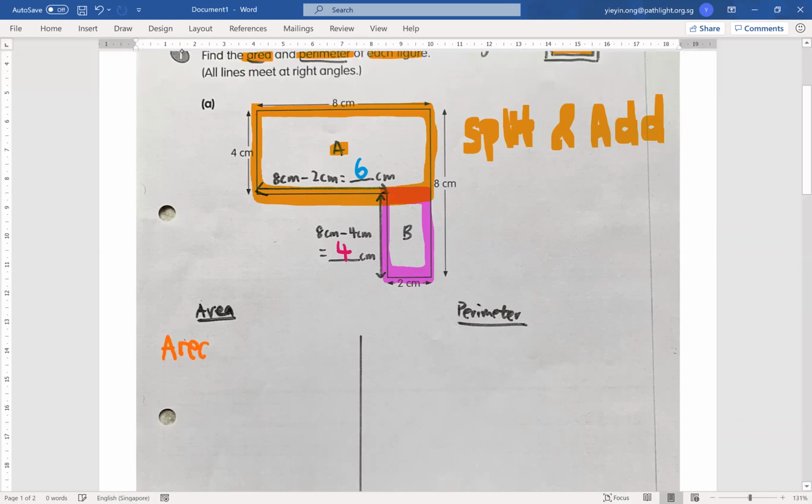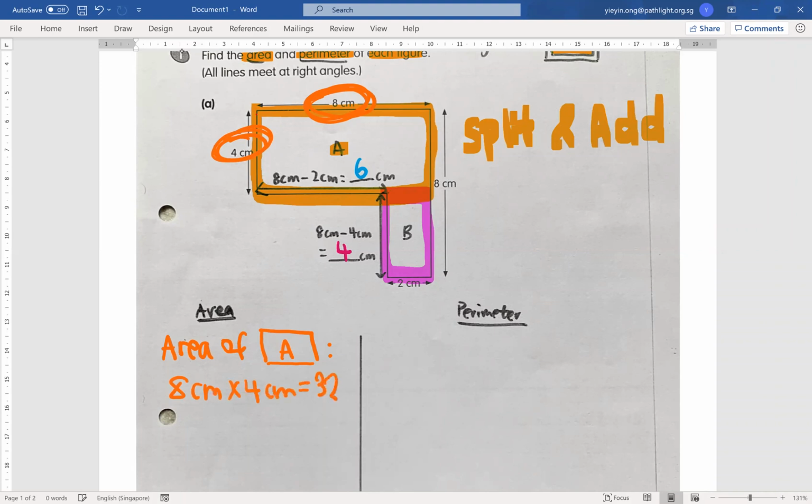Area of rectangle A is length times breadth, so 8 centimeter times 4 centimeters. That will give me 32 square centimeters.